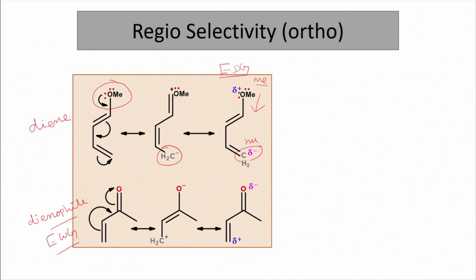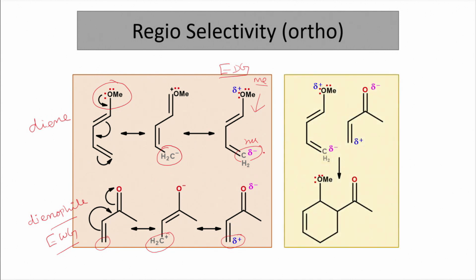It pulls the electron towards itself, making this terminal carbon electrophilic in nature. In other words, there is a delta positive charge on this particular carbon. So, the dienophile makes the terminal carbon electron deficient, and the methoxy group on the diene makes this terminal carbon nucleophilic.